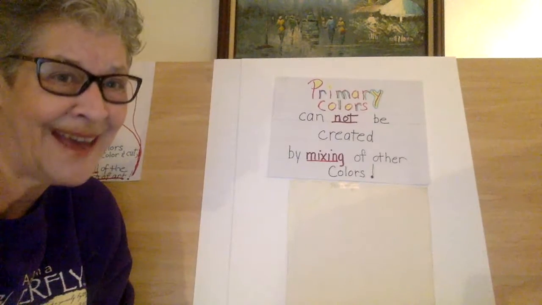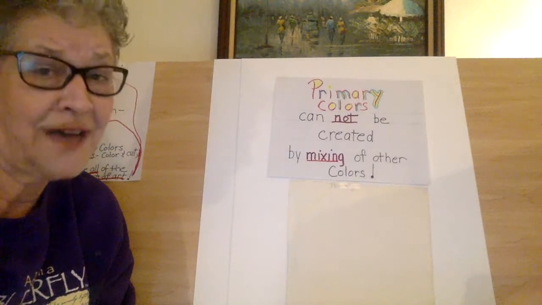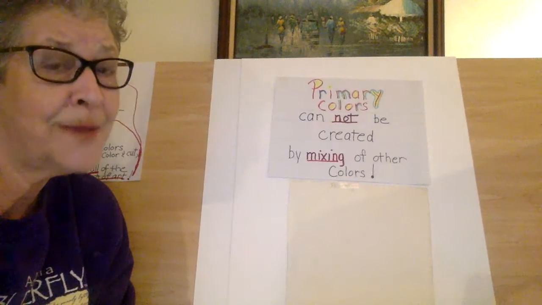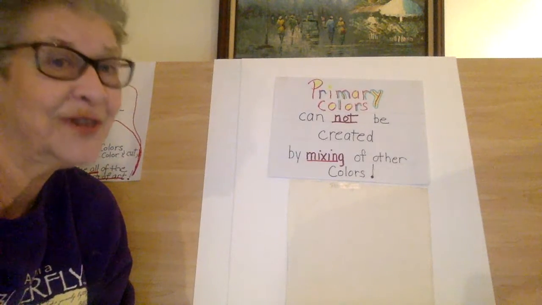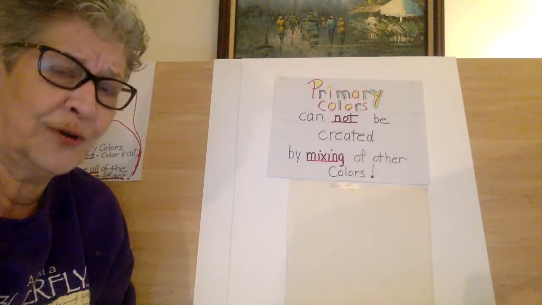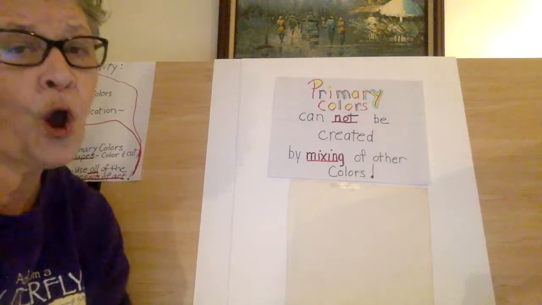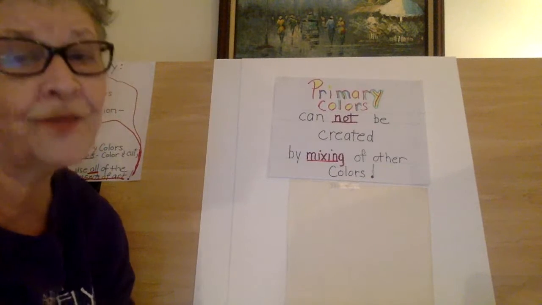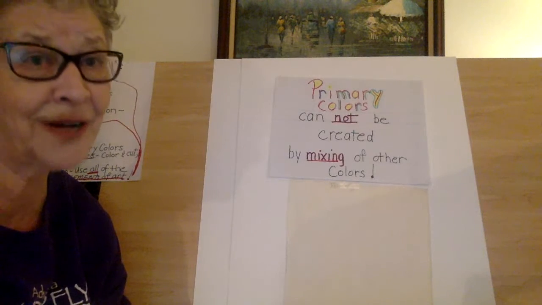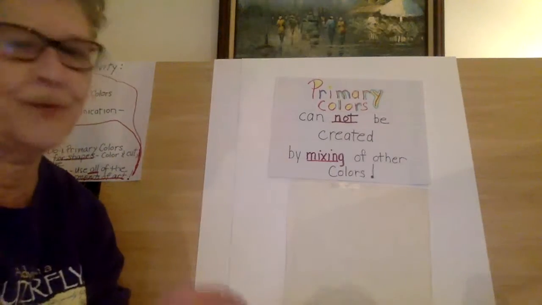Yes, you're learning that now. 5 minus 2. 5 take away 2 equals 3. That was a primary lesson when you first learned to count and put numbers in order of value. Now, in art, primary colors are the first colors because they cannot be created by mixing any other colors. So let's talk about what those primary colors are.